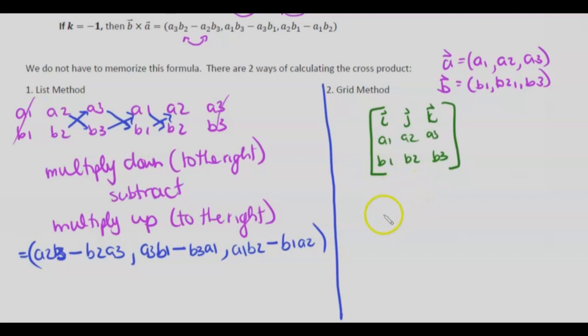So this is the physical way that we do it. We cover column I. Actually, we don't need the word vectors, it's just I, J, K. Cover column I with your finger.